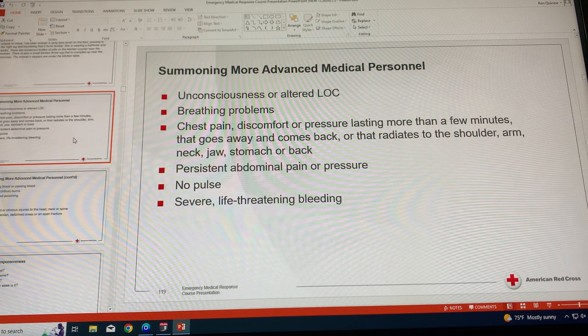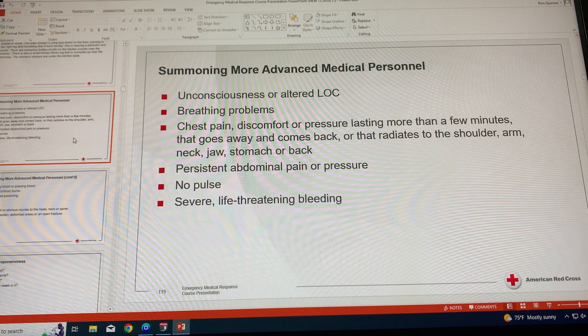more advanced medical personnel for any of the following conditions. Unconsciousness or altered level of consciousness, or a brief loss of consciousness. Breathing problems, difficulty breathing or no breathing.